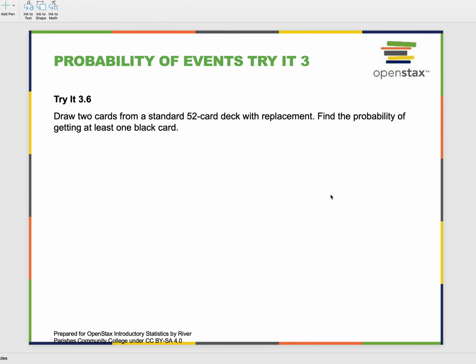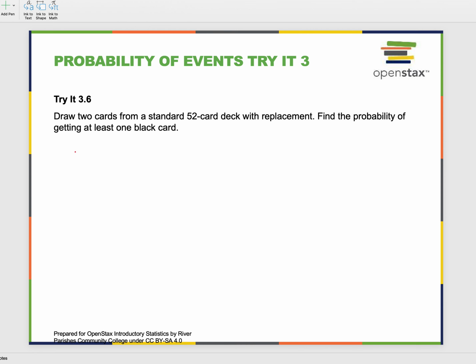So, draw 2 cards from a standard 52 deck with replacement. Find the probability of at least 1 black card. Well, the probability of a black card is 50%. It's a coin toss. So, what do I get?